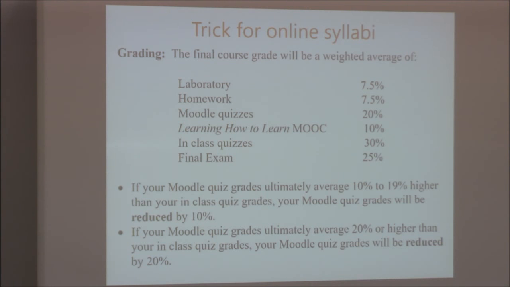Well, the 72% replaces the 98% in the final calculation of the grade. So I put that in my syllabus. I emphasize it in the course. I even have it in some of the Moodle quizzes. I understand that my grade for online quizzes will be replaced by the in-class quizzes if that grade in class is lower.